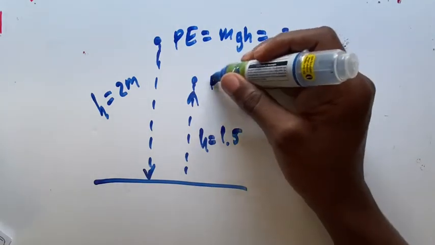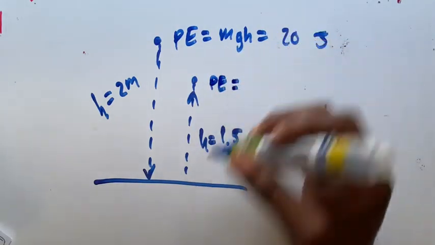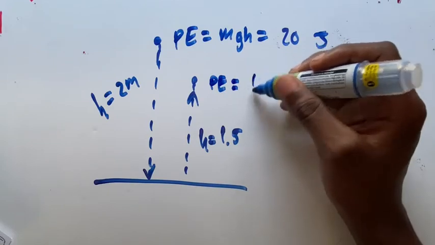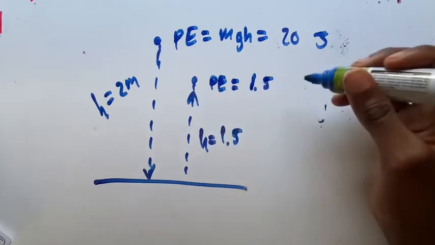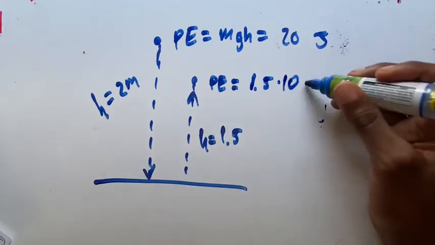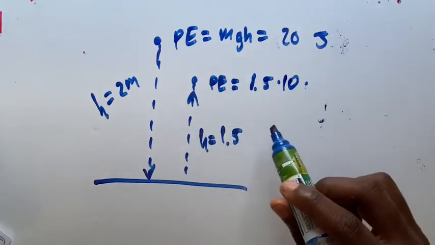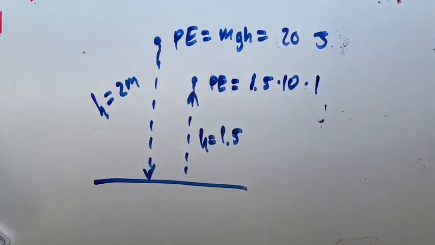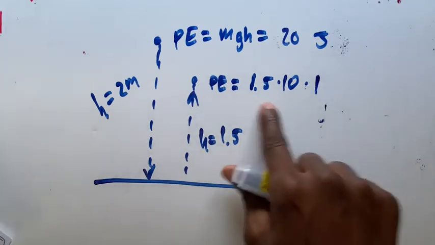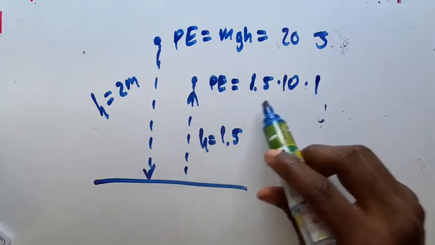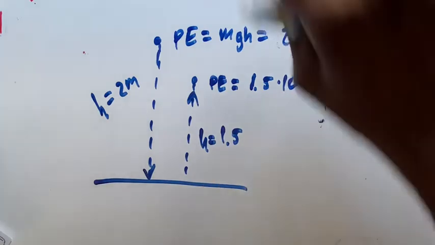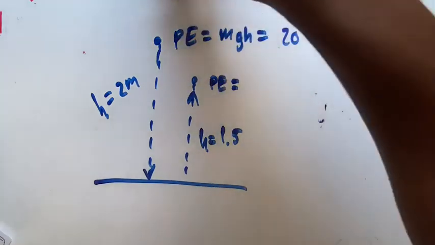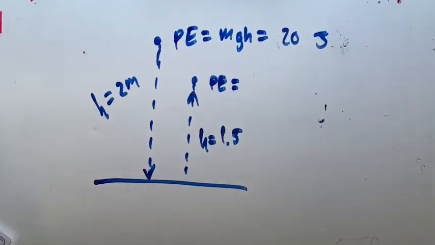Well, here, potential energy is going to be 1.5, because that's the height, times g, which is 10, times the mass, which is 1. So that gives us a potential energy of 15, because it's just 1.5 times 10. So it's going to be 15.